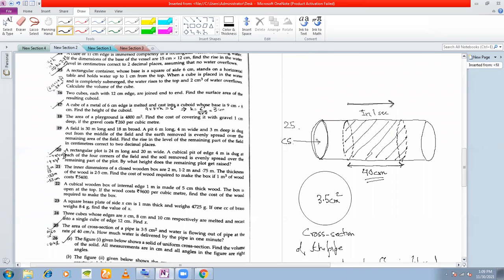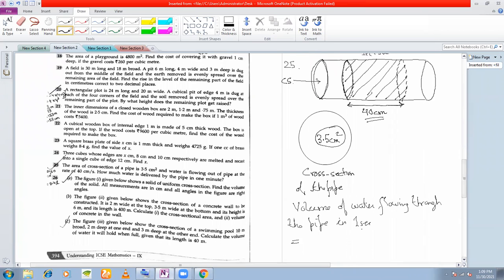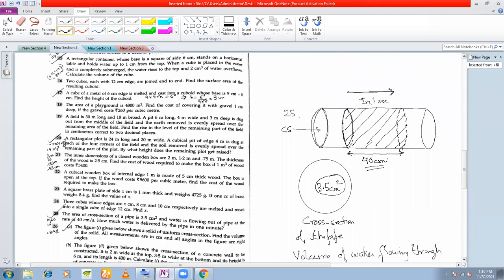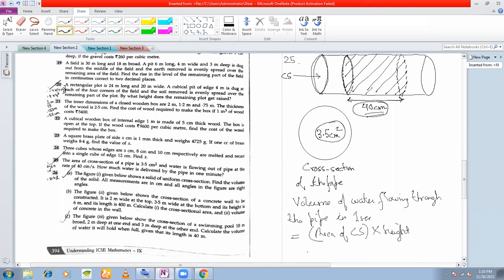So what should be the volume of the water flowing? Area of this cross section. What is the area of this cross section given to you? 3.5 centimeters square. Let's write the formula first. Area of cross section into height or length. And what is the length the water is traveling? 40 centimeter. So the volume of water flowing is area of cross section 3.5 into length, which is 40.